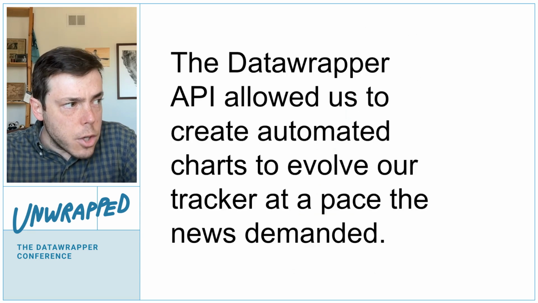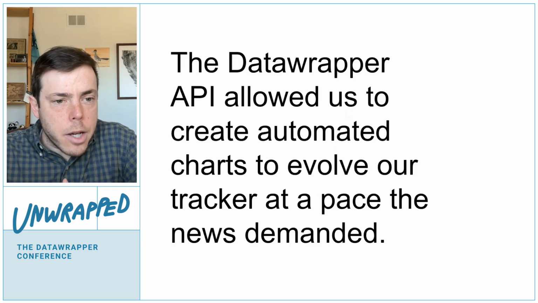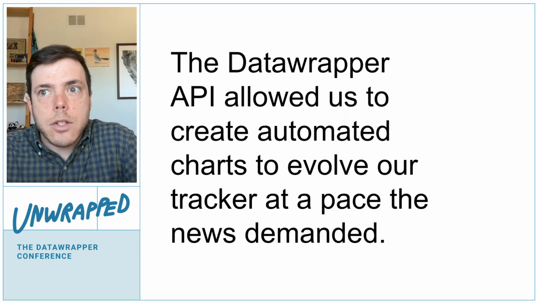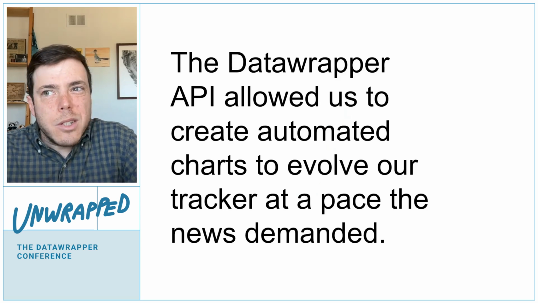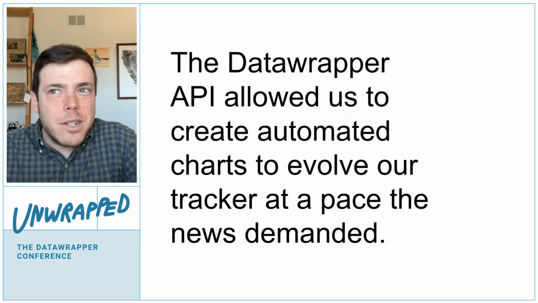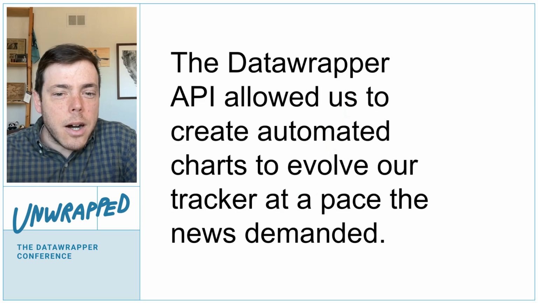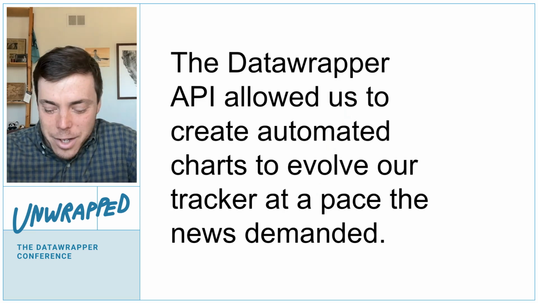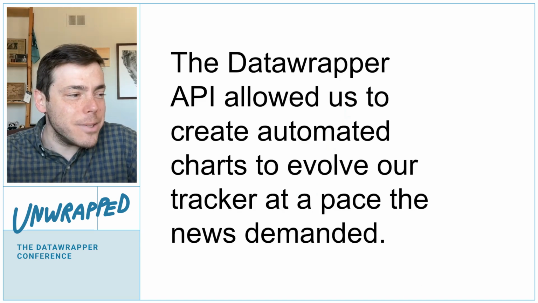So the Datawrapper API really let us respond to news and keep our tracker up to date with all of these things that, for better, well, not for better, kind of naively, we didn't consider ever seeing snow again. It was really that bad that we thought snow was kind of extinct in California.